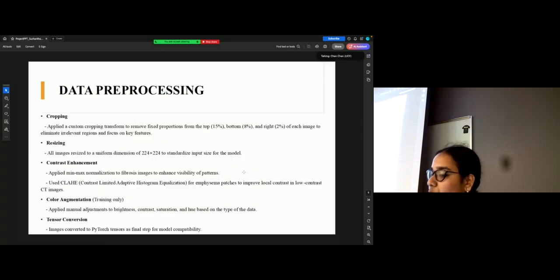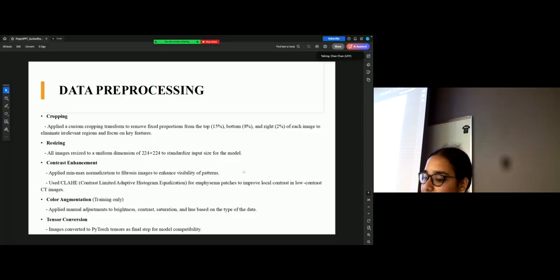Before moving on to the model, these are the steps I followed to prepare the data. First is cropping. Generally we can use random cropping, but I chose the values 15, 8, and 12 with manual calculation from the CT images which I got.